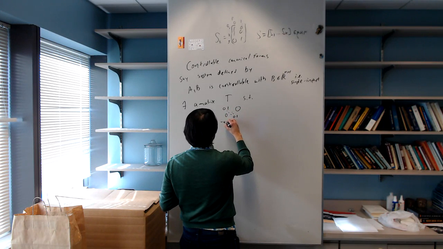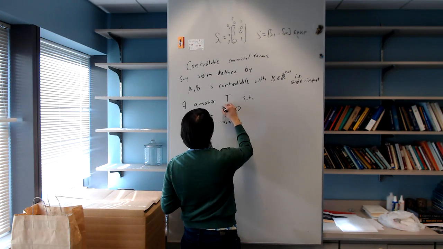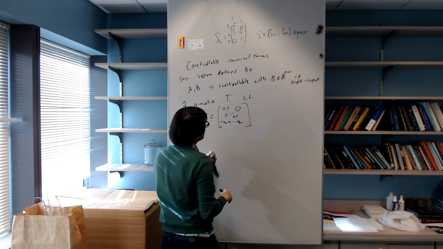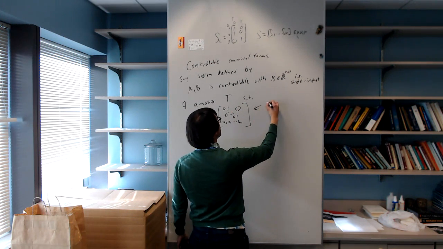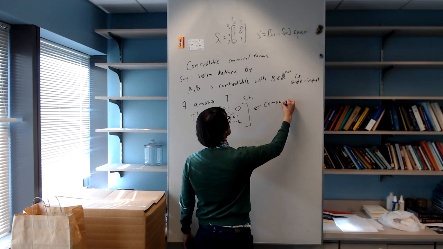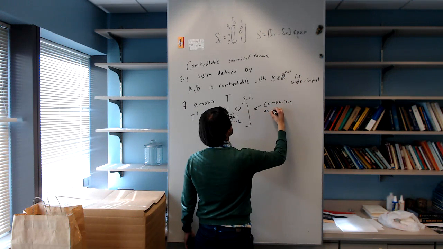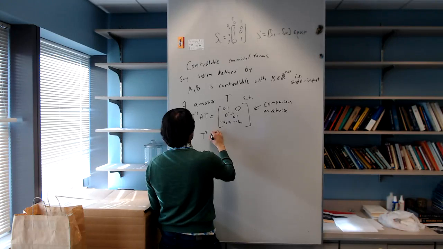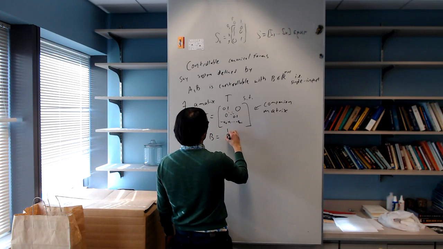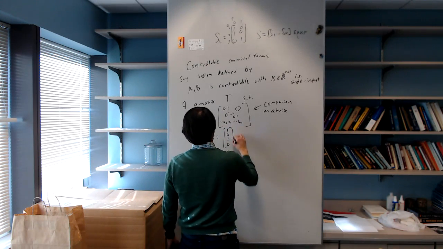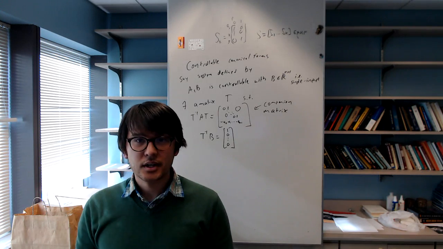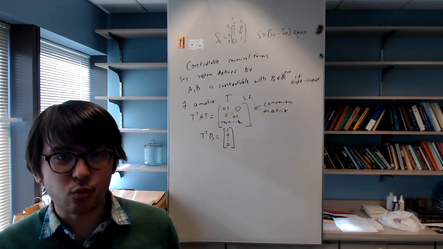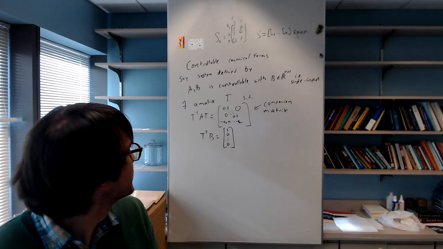And then a0, minus a1, all the way up to minus a n minus 1. So this is our companion matrix that we saw in the beginning of class. And T inverse B is equal to 1, 0, 0.